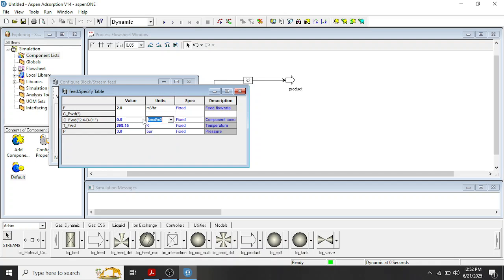So if you have a lab experiment and you have the molarity of your component, suppose you have prepared a 2 molar lead solution, you can directly add it like this, 2 mole per liter, for your lead component. So these are just various units.